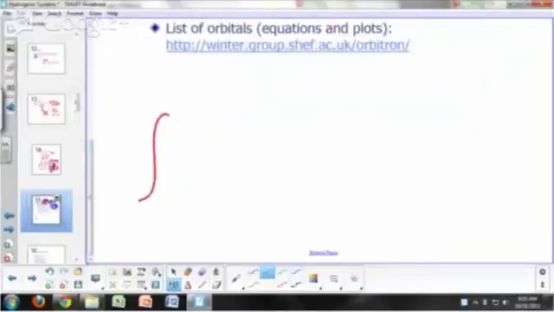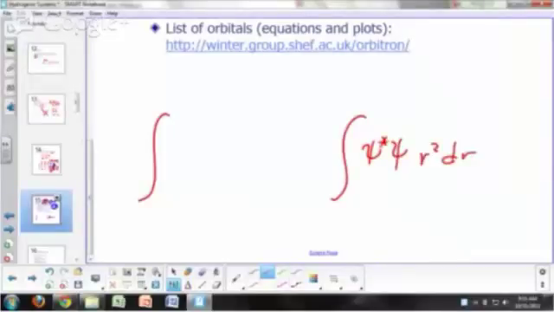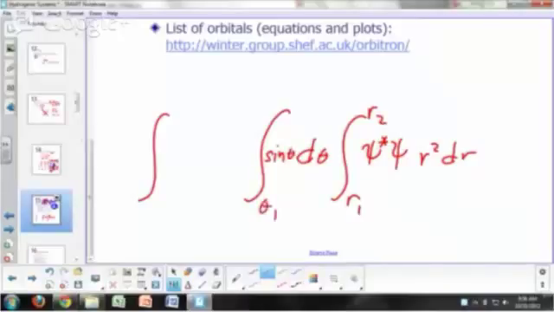The integral of psi star psi multiplied by r squared dr. You can go from r1 to r2, and multiply by sine theta and integrate over theta from theta 1 to theta 2. So this makes it generic, right? And integrate over phi from phi 1 to phi 2.